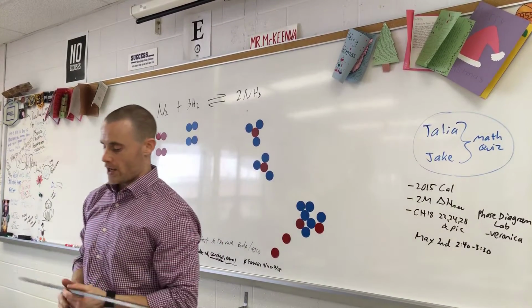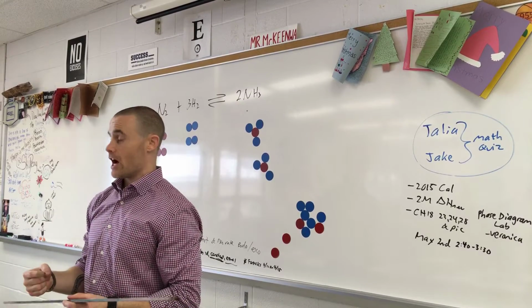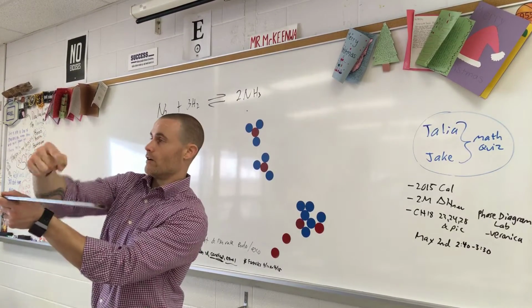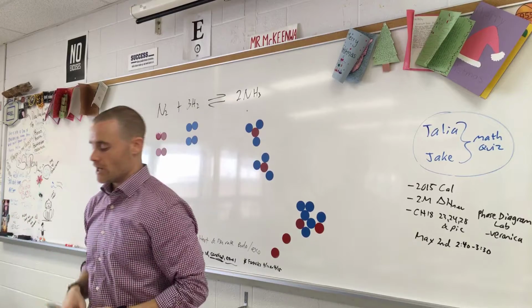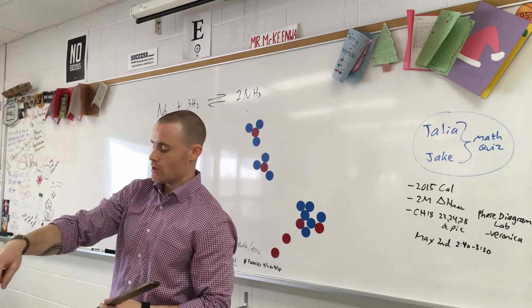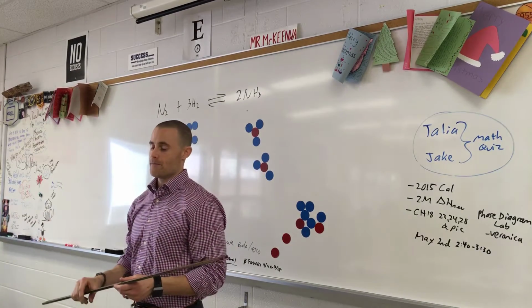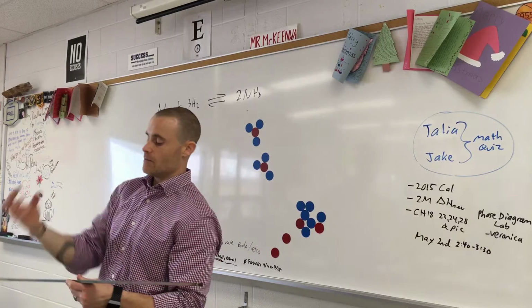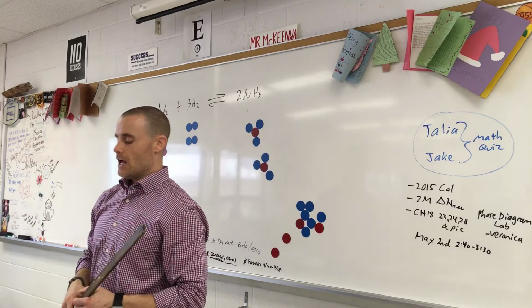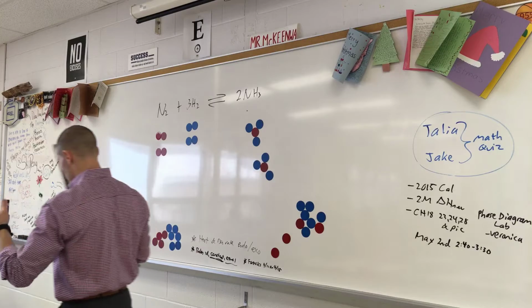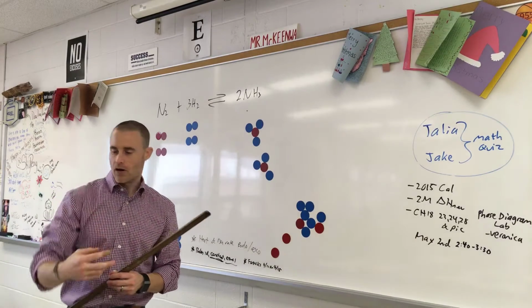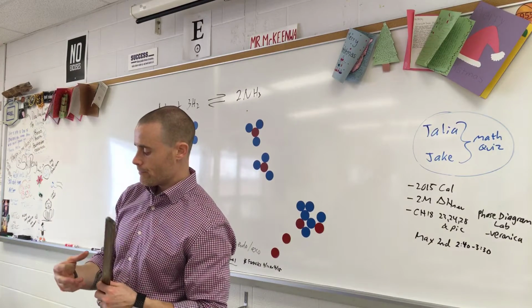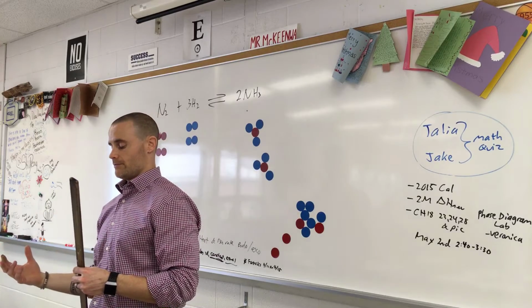If we're shifting right, we are making more HI, because that's what's over here. You shift towards it, you're going to make more of it. So HI increases, and H2 decreases. You're going to use up your reactant to make more product. Another way to say this very simply: whatever you shift towards, you make more of. Whatever you shift away from, you have less of.